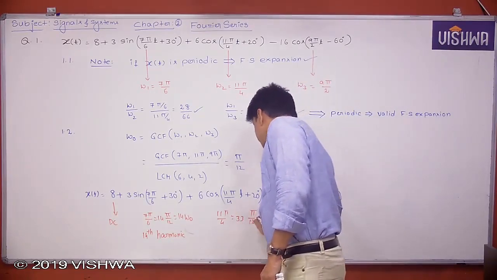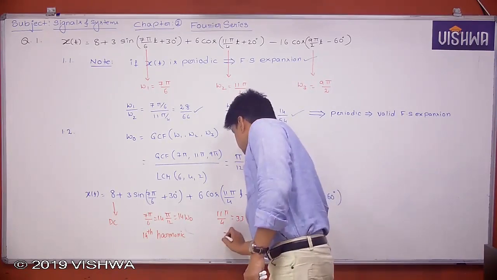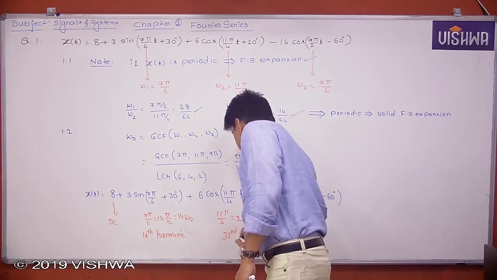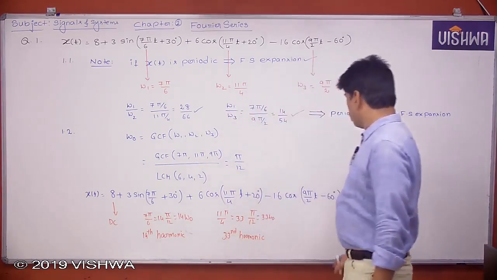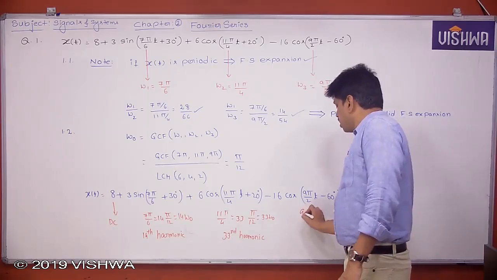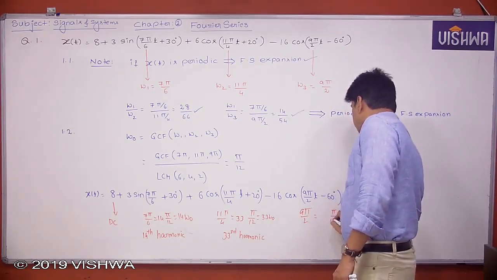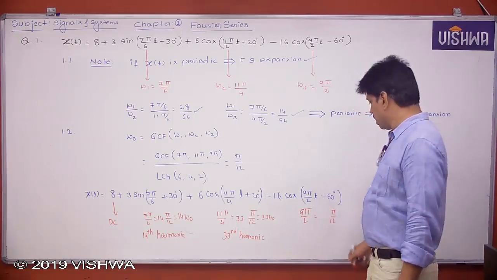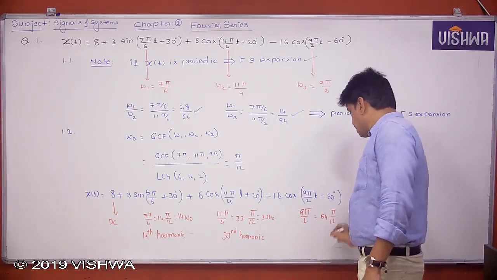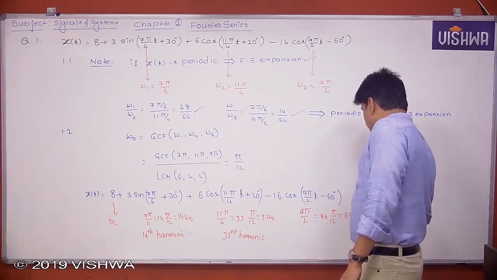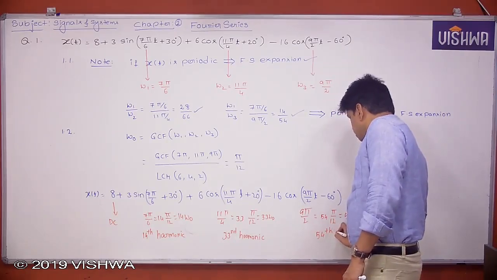So this is 33 omega naught, which means it is the 33rd harmonic. What about this one, 9 pi by 2? We have to write it in terms of pi by 12. So it is 54, this is 54 omega naught. That means it is the 54th harmonic component.